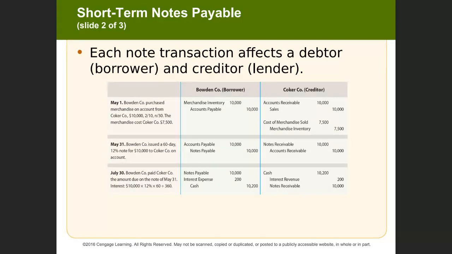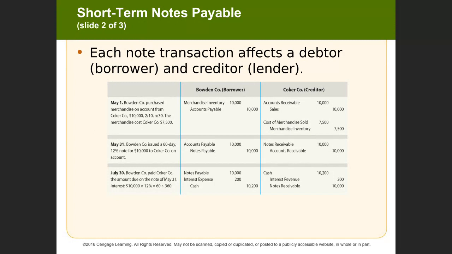On May 1st, Bowden Company purchased merchandise on account from Coker Company of $10,000, and their payment terms were 2/10, net 30. The merchandise cost Coker $7,500.